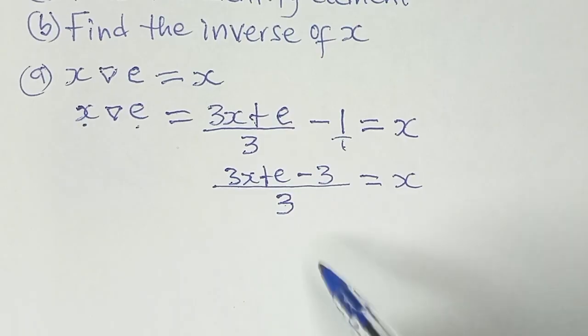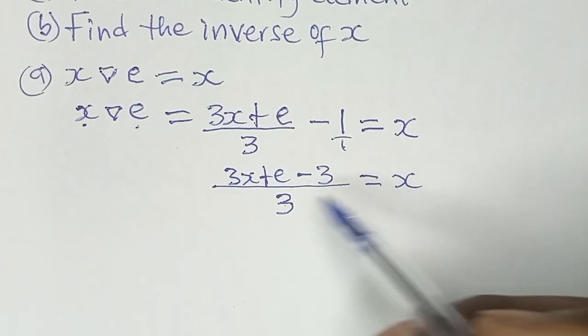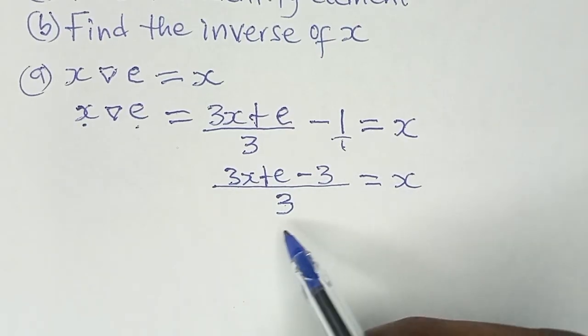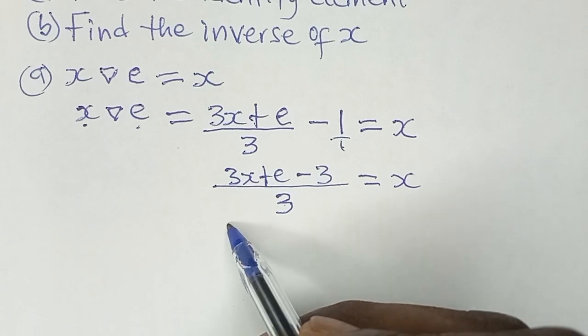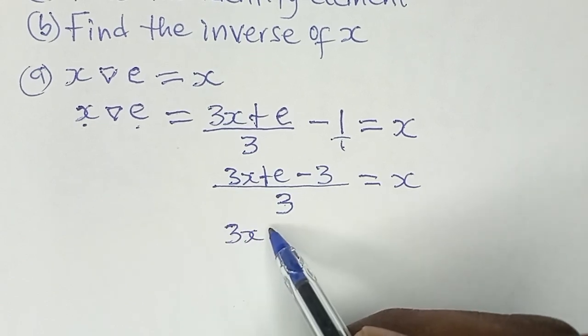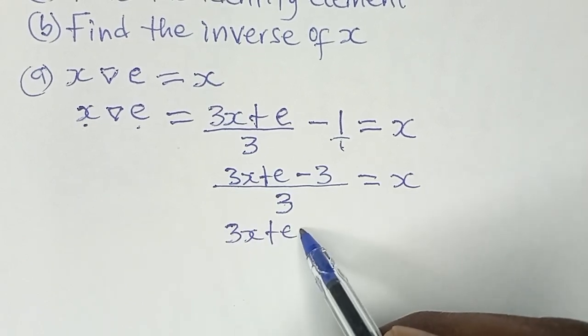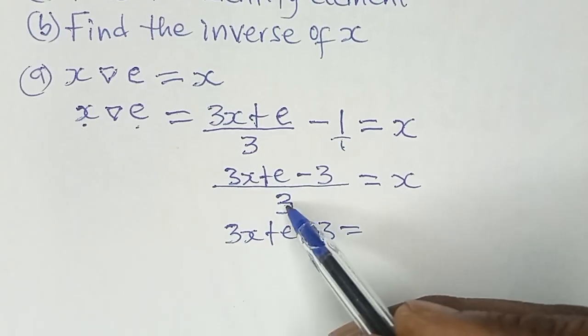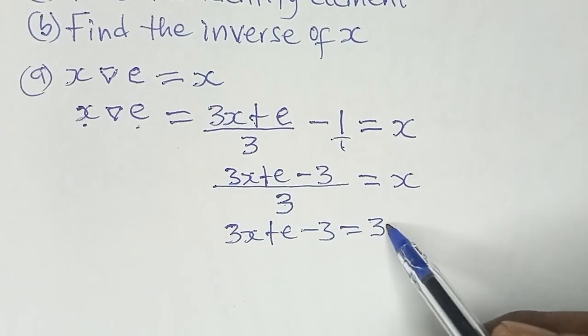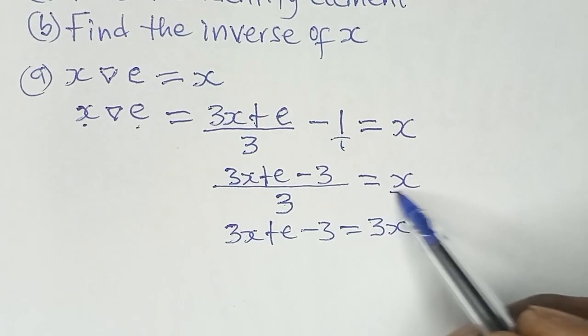So now let me cross multiply, so that I have 3x plus E minus 3 is equal to 3 multiplied by x, which gives us 3x. Don't forget, this is like x over 1.